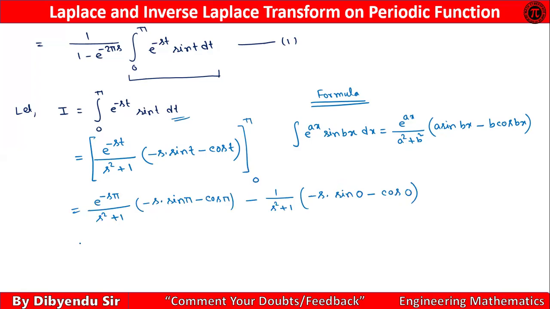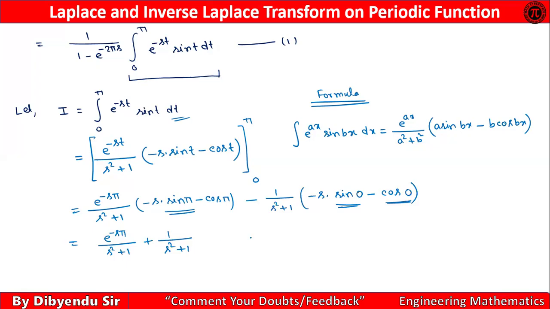Let's simplify this. Sine pi is 0, and cos pi equals minus 1, so minus minus is plus 1. So you get e to the power minus s pi divided by s square plus 1. Here sine 0 equals 0 and cos 0 equals 1, so that will be minus 1, minus minus plus 1, so you get plus 1 by s square plus 1.